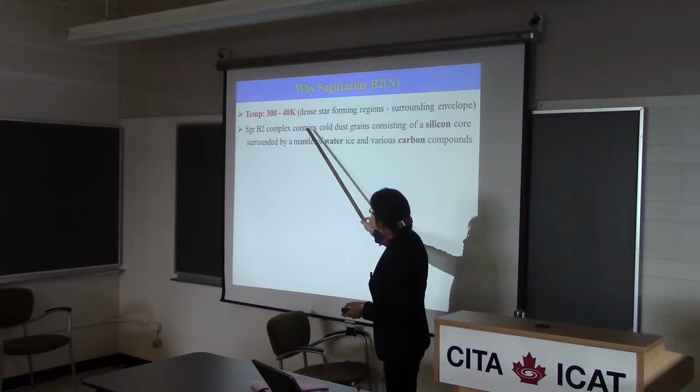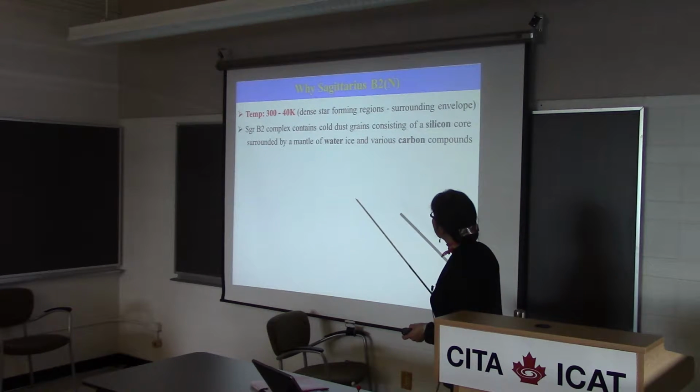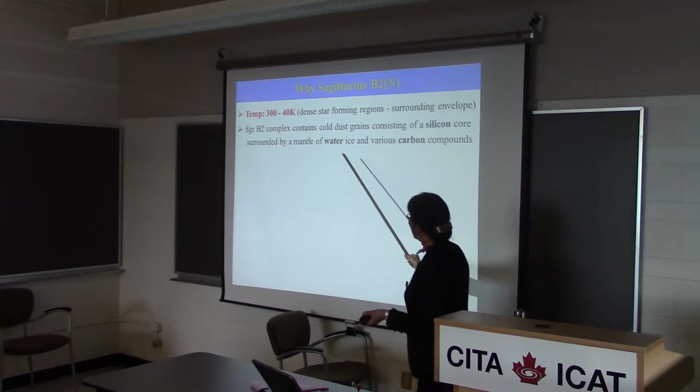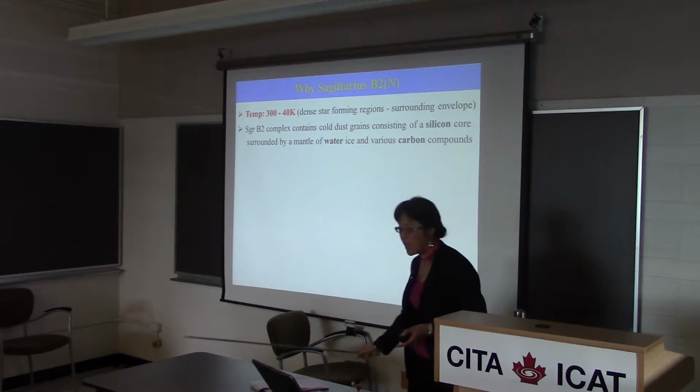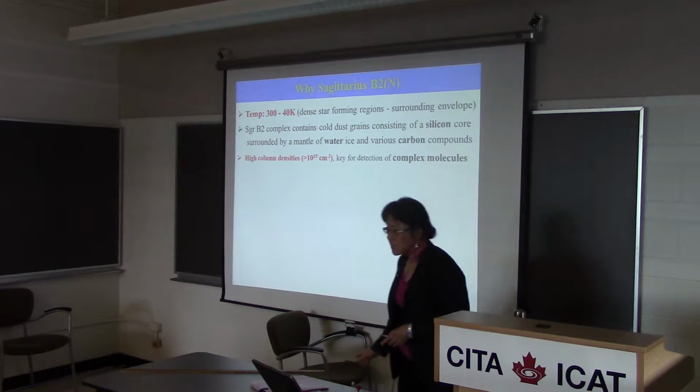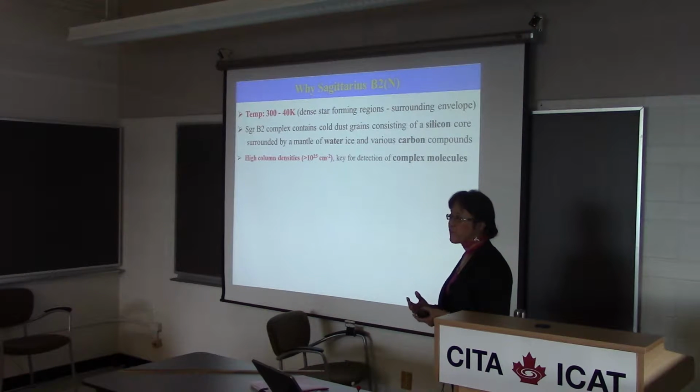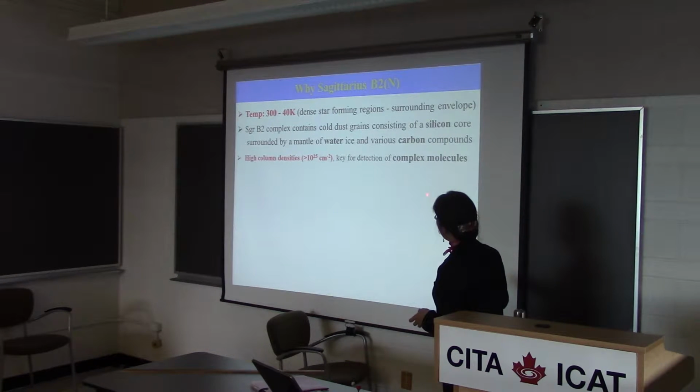The complex contains cold dust consisting of a silicon core surrounded by water, ice, and carbons. The high column density really favors the complex molecules, which we are interested in.